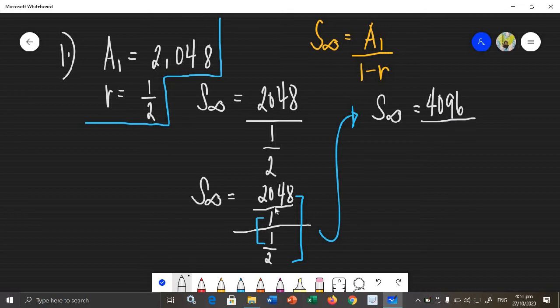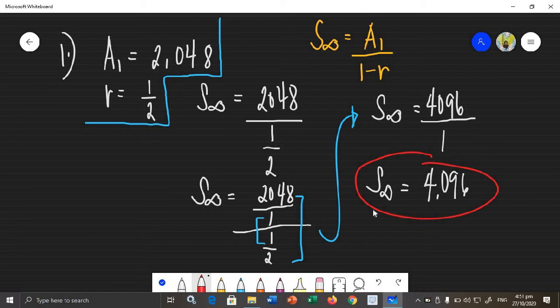All over the product of your means, which is 1 times 1, that is 1. So, 4,096 can be simply written as 4,096. So, therefore, this will be your sum. So, the sum of infinite terms of given number 1 is 4,096.